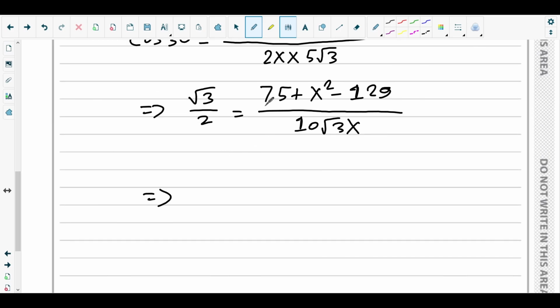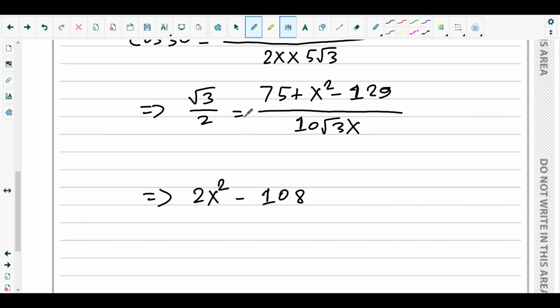Now cross multiply. 75 minus 129 gives negative 54. If you do the cross multiplication, you get twice x squared, and negative 54 times 2, that is 108.